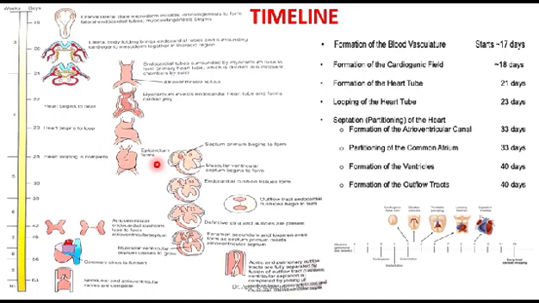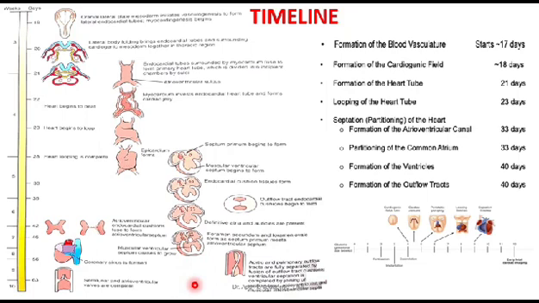And from about the 5th week to the 8th week, there is formation of the various chambers of the heart, and they are separated by the septations, and there is formation of the aortopulmonary septum, which is spiral in nature, and that is what is destined to form the outflow tracts of the heart.